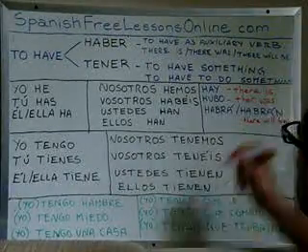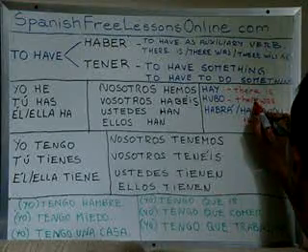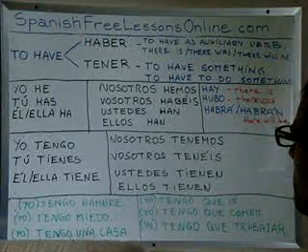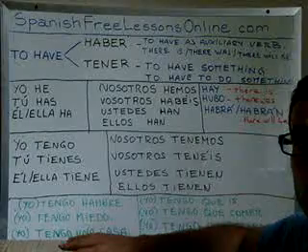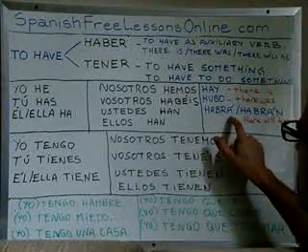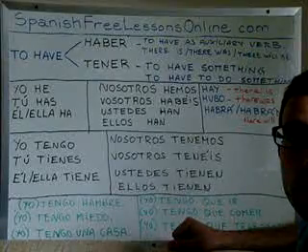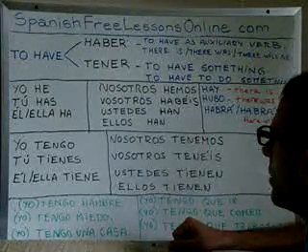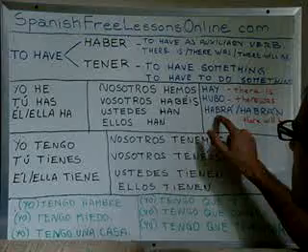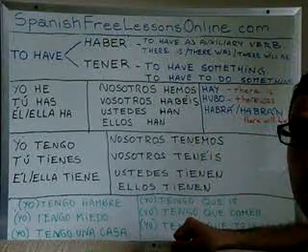Let me correct this. There was a car. In the future, habrá un auto. There will be a car. Habrá un auto.